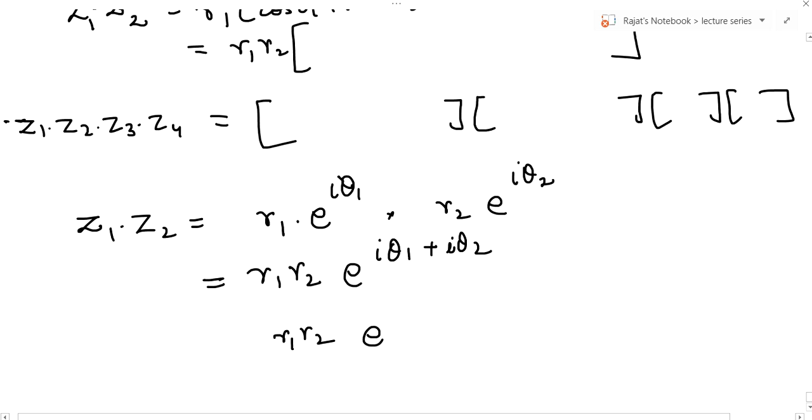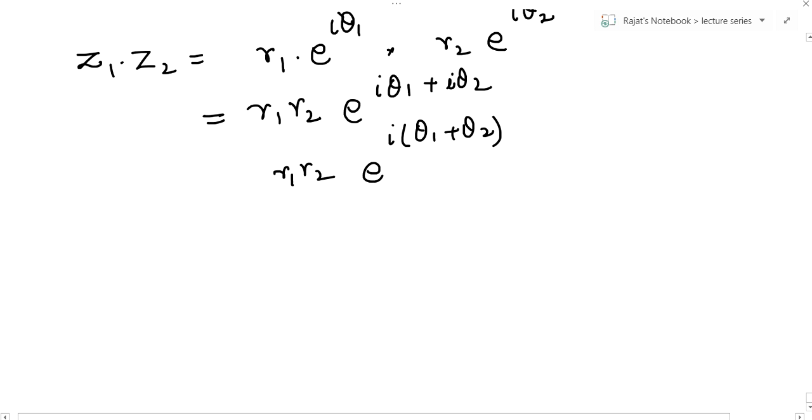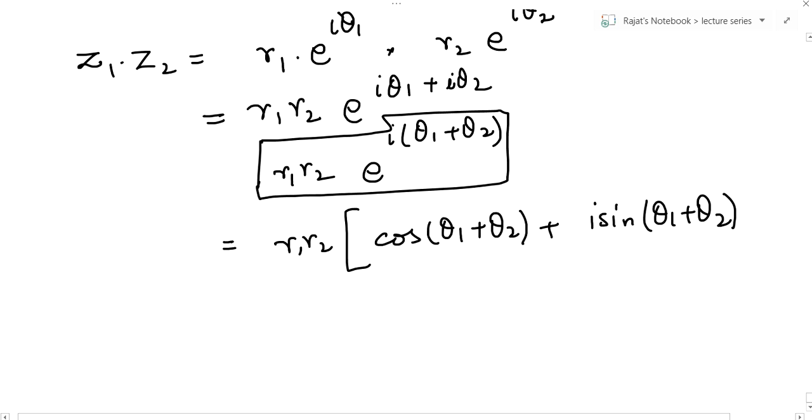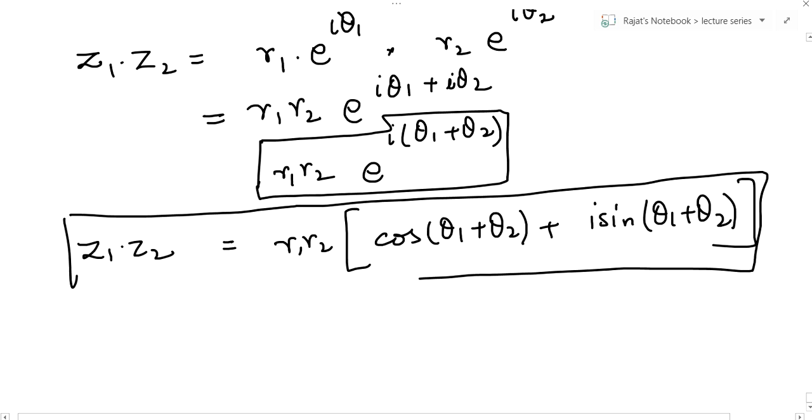Can I take i common? i(theta 1 plus theta 2). Now what will be this complex number? Just look at this. Can I write it in polar form? Yeah, of course. r1 r2 e to the power i(theta 1 plus theta 2) can be written as r1 r2 (cos(theta 1 plus theta 2) plus i sin(theta 1 plus theta 2)). So this is the final result.